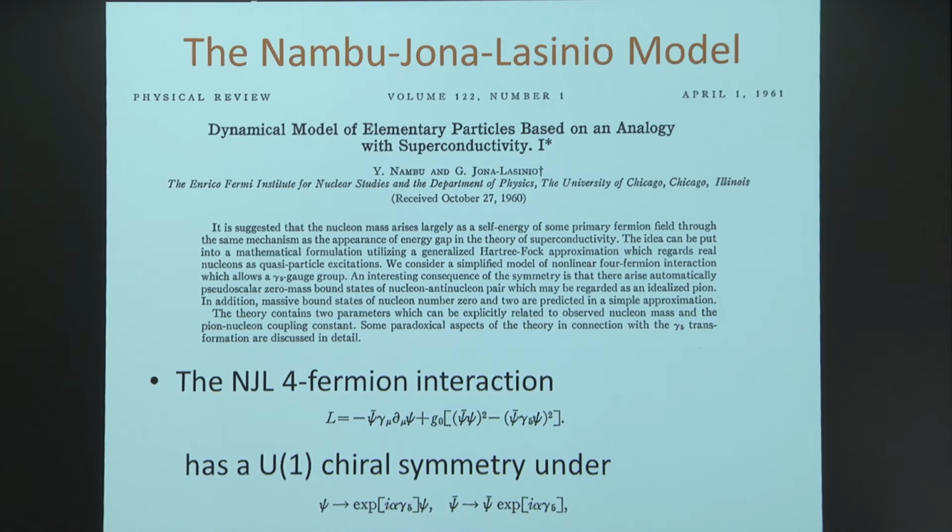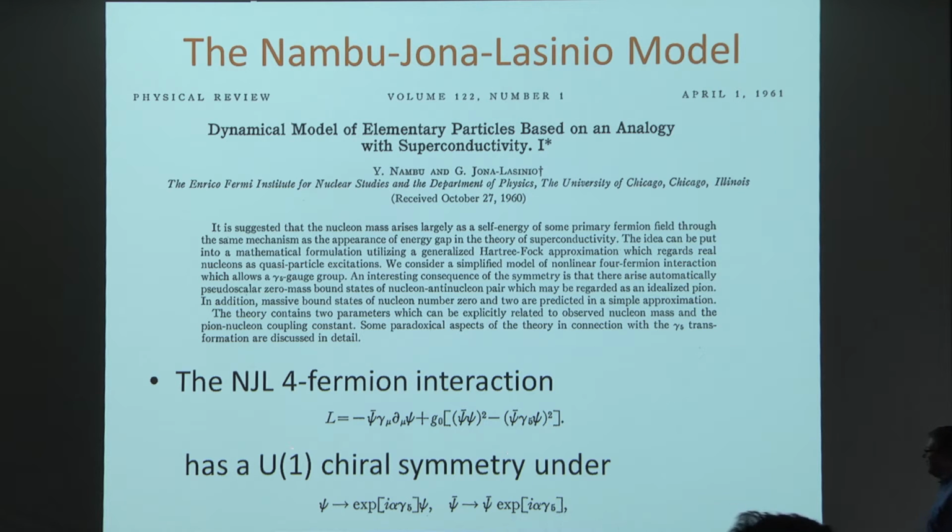Now, this paper came up a lot: a unified model of pions and nucleons, due to Nambu and Jona-Lasinio. It had this famous four-fermion interaction, which can also be written as psi bar left, psi right times its complex conjugate.